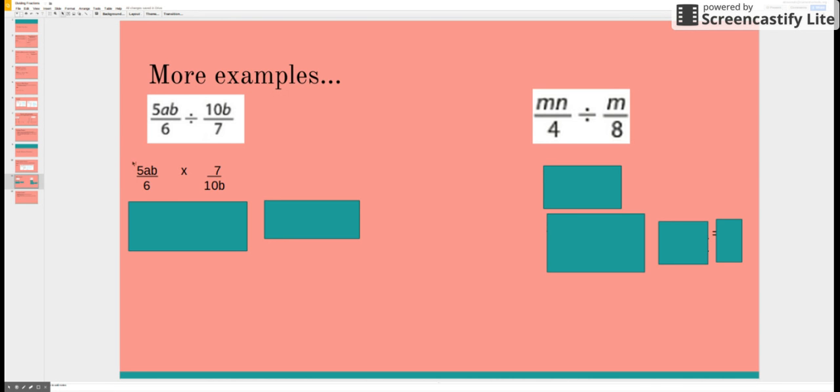5 with a GCF of 5. 5 goes into 5 once, 5 goes into 10 2 times. And then I also see that I can cross cancel out these b's. B goes into B once, B goes into B once. So I'm left with 1a up here, and here I'm left with just the number 2.